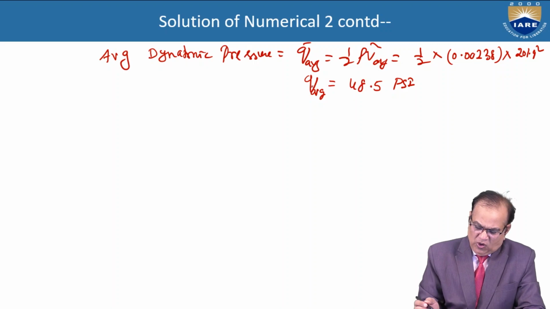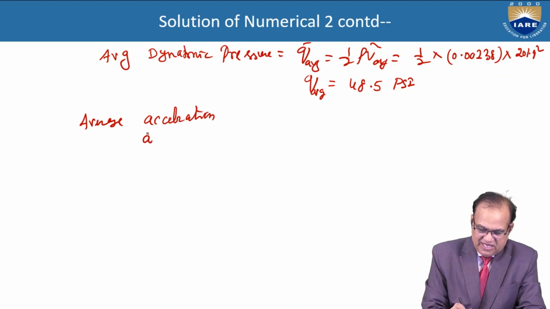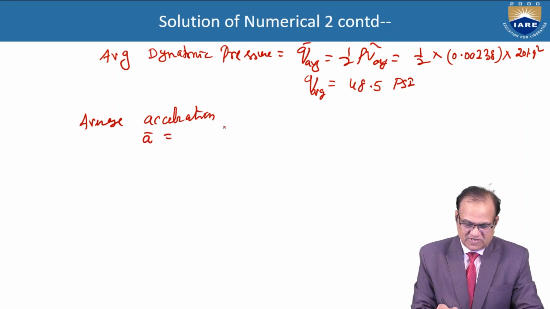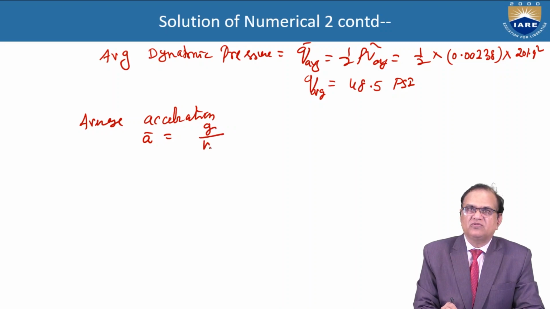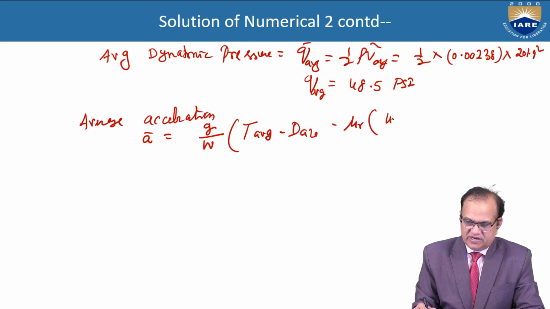Now we have to find out the average acceleration. Average acceleration A bar is equal to G by W into T average minus D average minus mu R W minus L average.